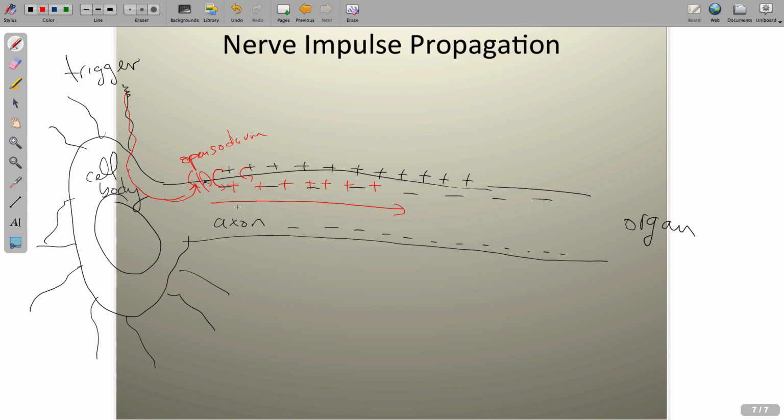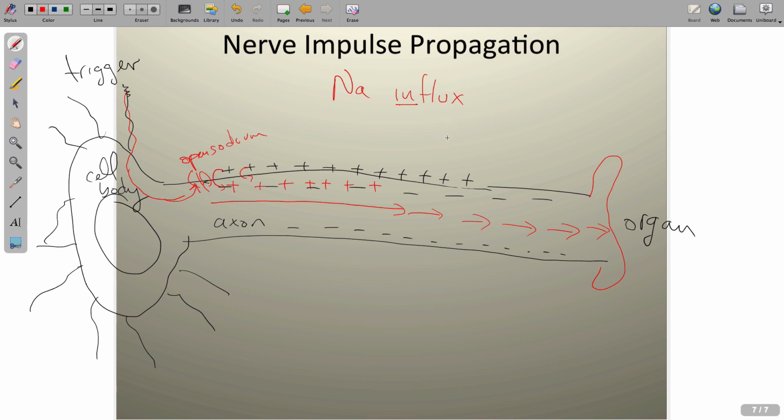So there's now an electrical impulse, which is actually nothing more than sodium moving all the way down the axon. And that impulse propagates all the way down this axon until it reaches the end of the axon where there's an organ.